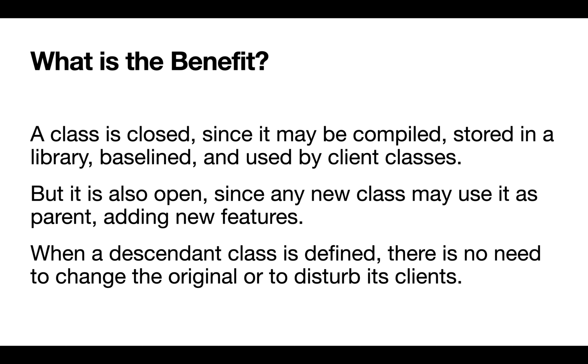So both are completely different, and they don't know each other's codebase, but still they can work together. So when a descendant class is defined, there is no need to change the original or to disturb its clients. That is the benefit that OCP gives us.